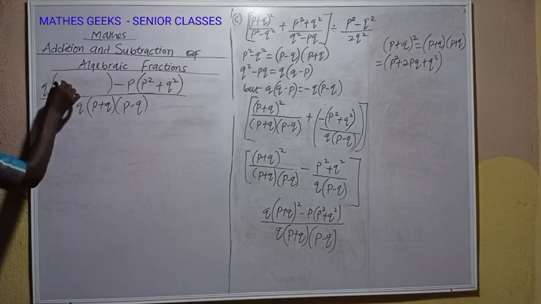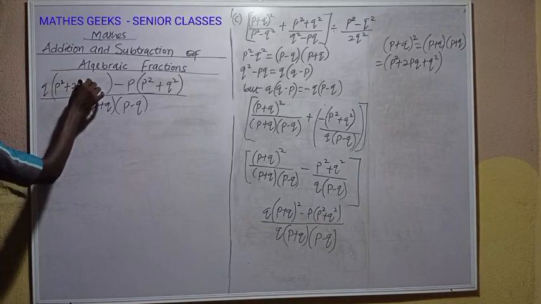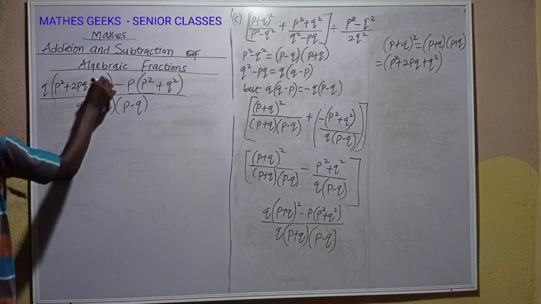This is p squared plus 2pq plus q squared.